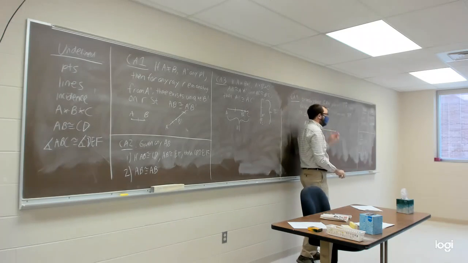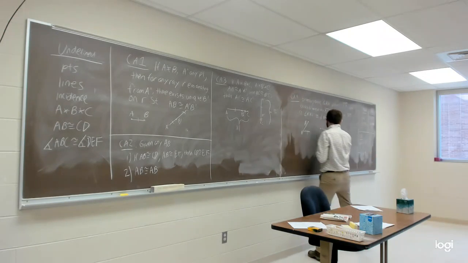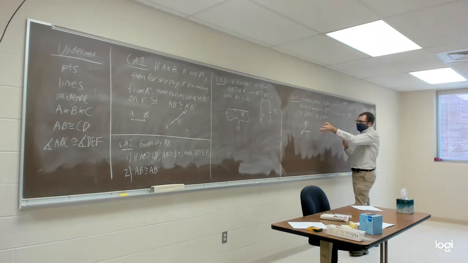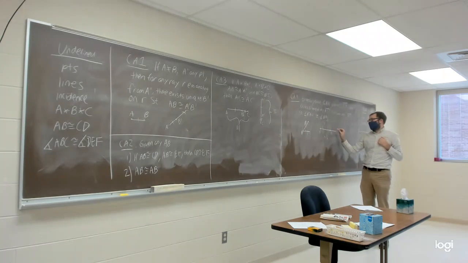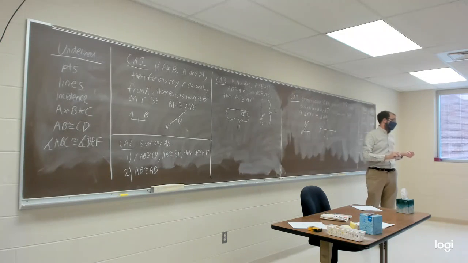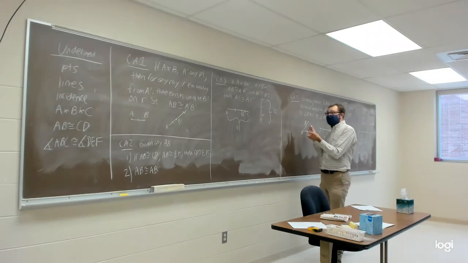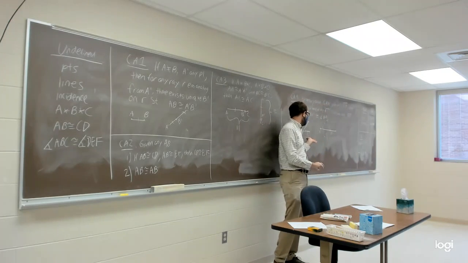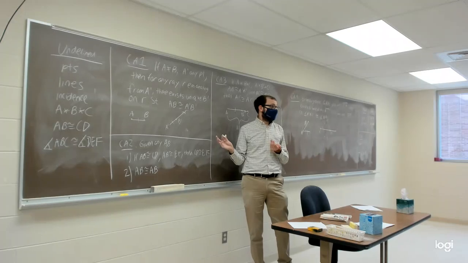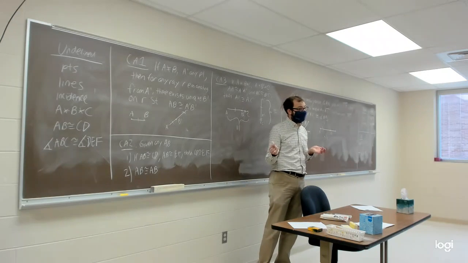Given this measuring stick angle, you can take a ray and use it to produce new angles off of that ray that are congruent to the one that you started with. It's basically saying the same sort of thing for angles that Congruence Axiom 1 said for line segments.